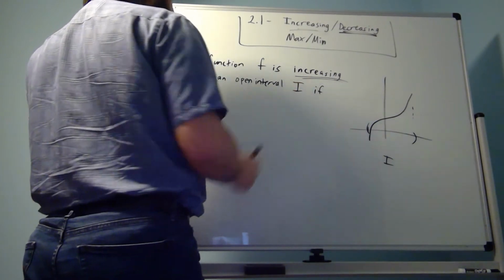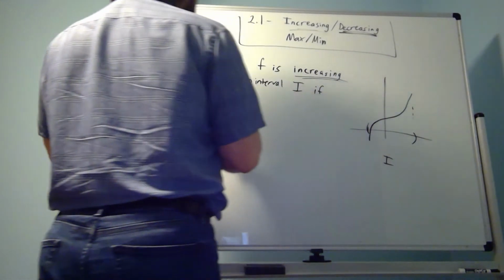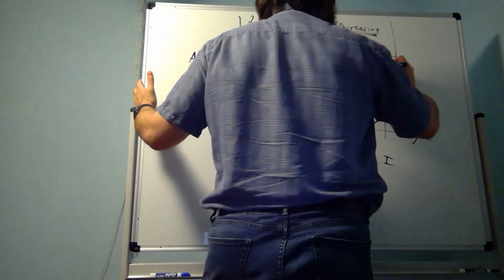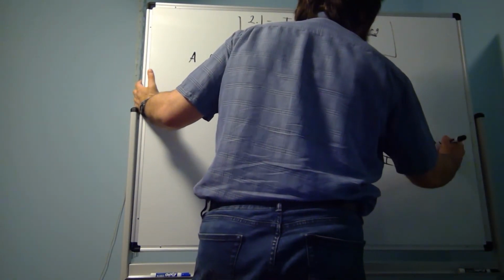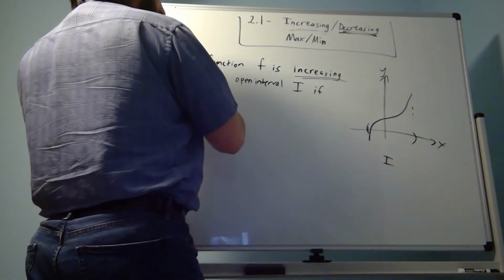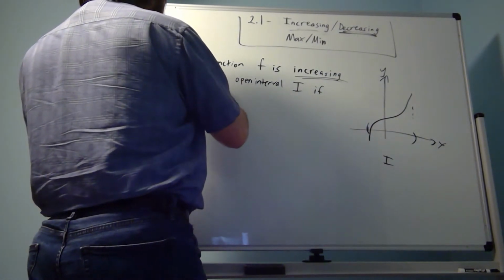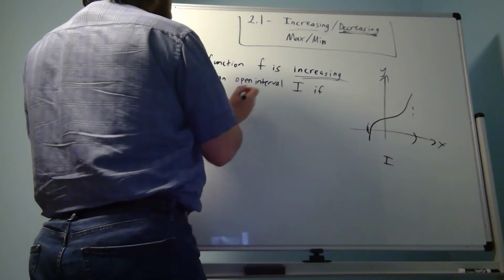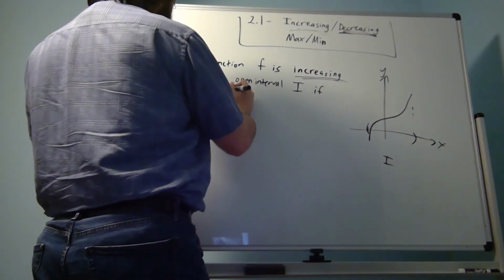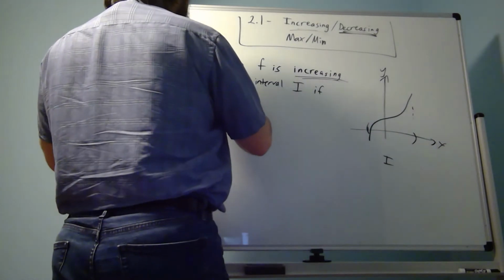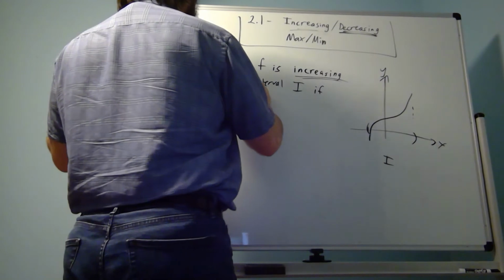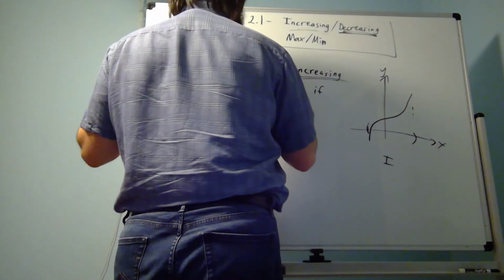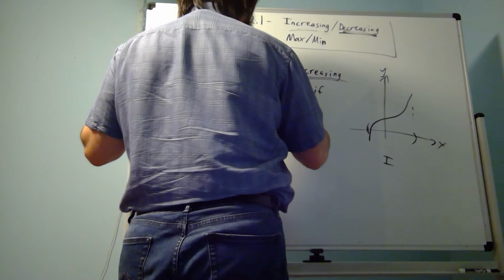Well, increasing means that the numbers get bigger as you go to the right. The outputs get bigger. So it just means what it says, really. The book definition is roughly the same: get bigger, or increase.